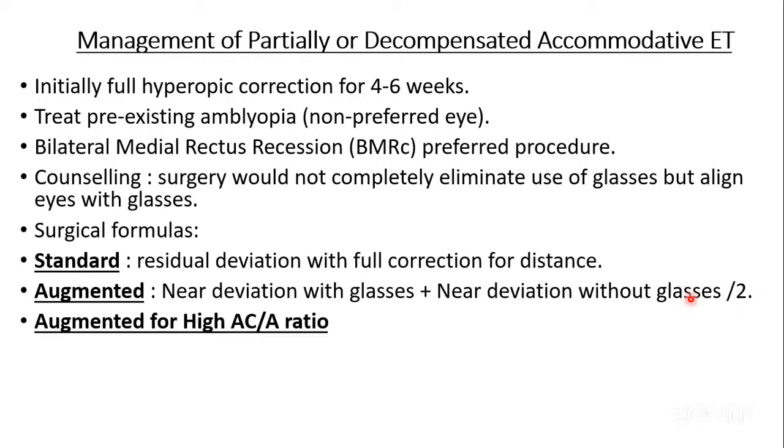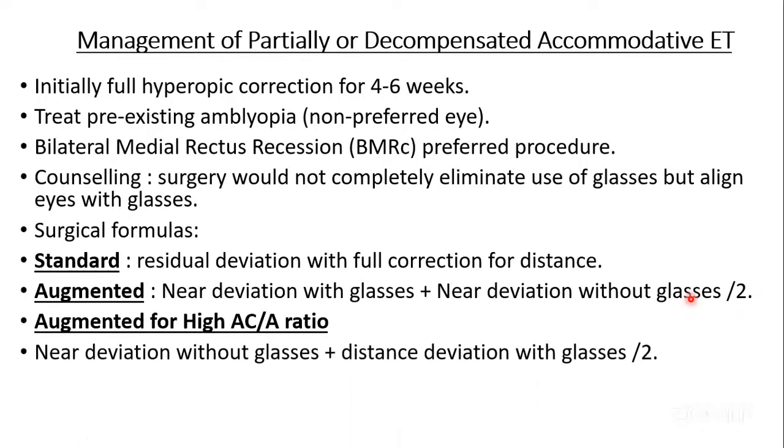In patients with high AC/A ratio, we have another augmented surgery. We take near deviation without glasses plus distance deviation with glasses divided by 2. Or we can do simply Faden plus recession, and I will talk about this in detail in the coming slides.